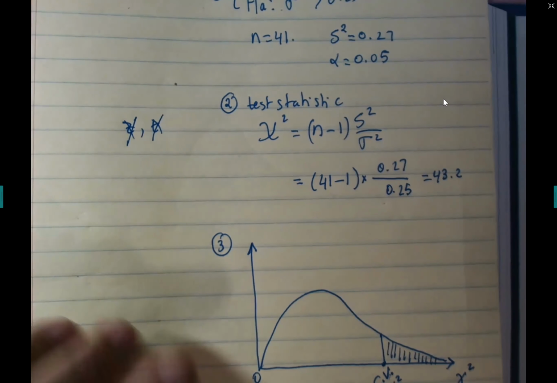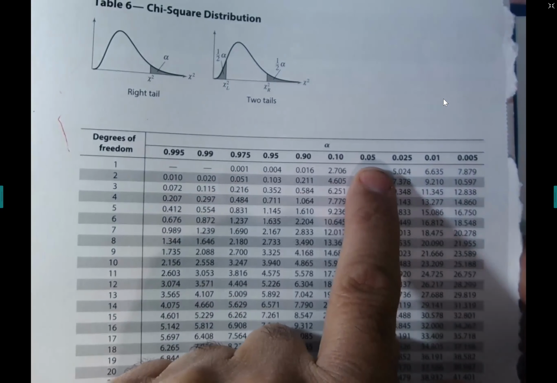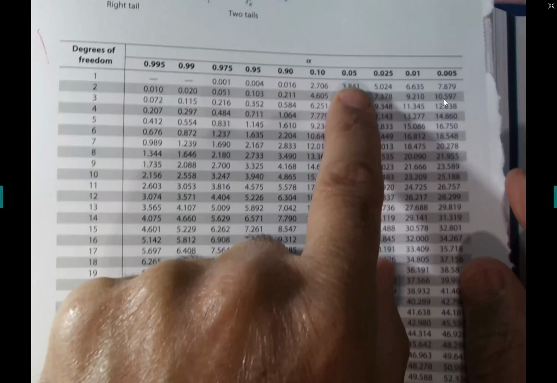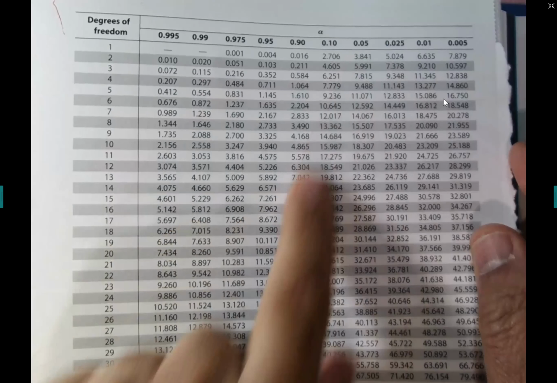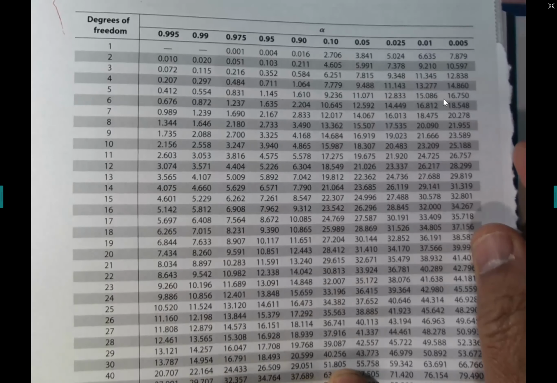And what are the degrees of freedom? 41 minus 1 will be 40. Watch. Alpha, 0.05. And degrees of freedom is 40. Where is the 40? Right here. So you guys agree it's 55.758.